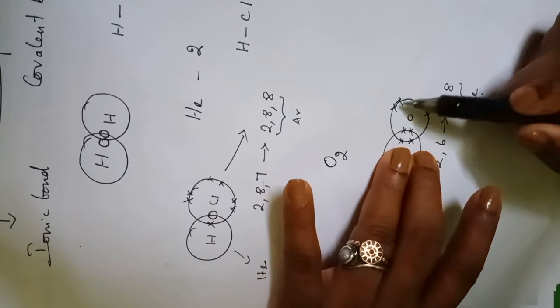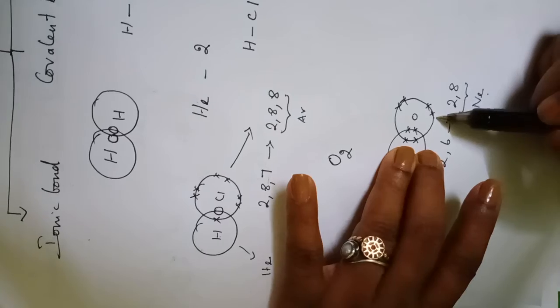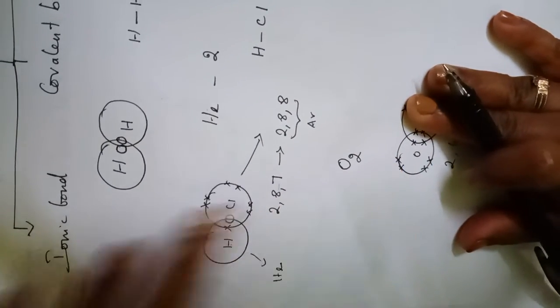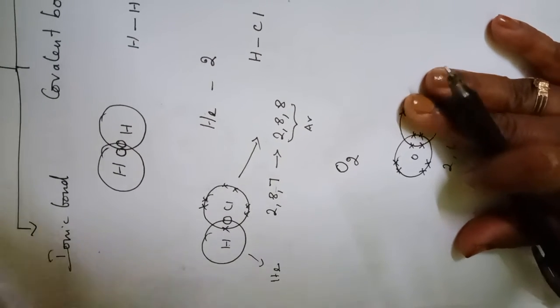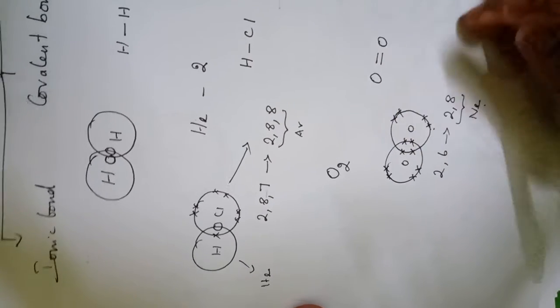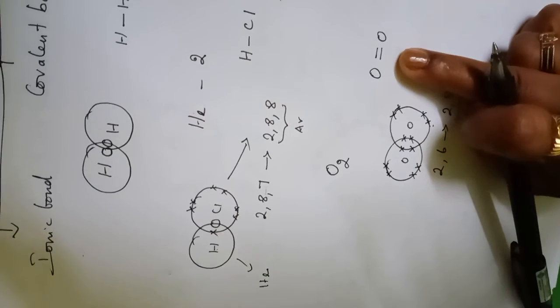The outermost shell has 8 electrons, 1, 2, 3, 4, 5, 6, 7, 8. If you see this oxygen, again this has 8 electrons in the outermost shell. So this becomes octet, so that it's stable. So the bonding between the oxygen atoms is O double bond O. So the bonding is double bond.